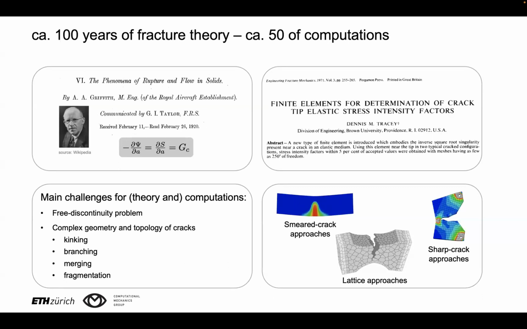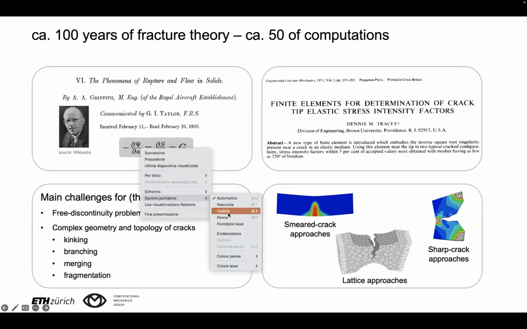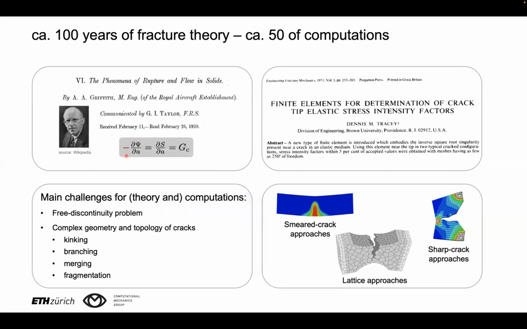So what is the basic idea that Griffith pioneered? He said that if you have a pre-existing crack, say of length A, at critical conditions, the release of elastic energy due to the advancement of the crack by dA, let me see if I can point to this. So at critical condition, this release of elastic energy must be equal to the consumption of energy, which is due to the creation of the new surfaces.